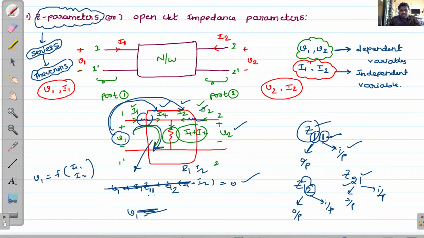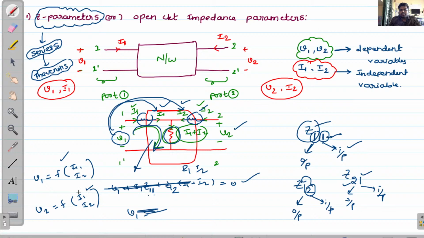V2 equals I2 into this particular impedance plus I1 plus I2 into this particular impedance. That is the equation, right? So the entire V2 depends on the I1 and I2 variables. That means V2 is also a function of I1 comma I2. V1 is a function of I1 comma I2, and V2 is also a function of I1 and I2.